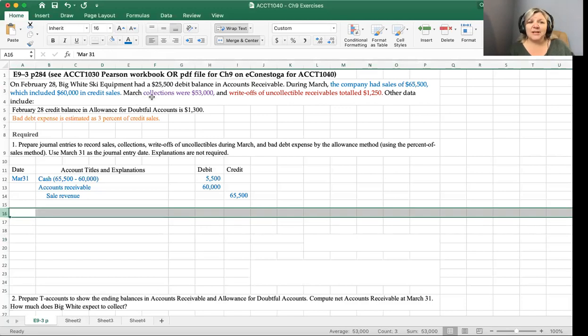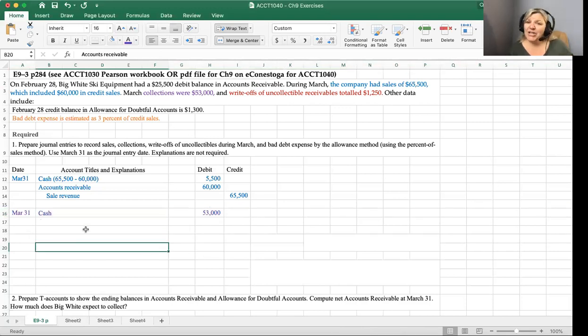The second journal entry we have up here in purple were collections of $53,000. Collections implies that your customers that did owe you money have now paid you. So the first thing that we want to record is the cash being received from these customers.